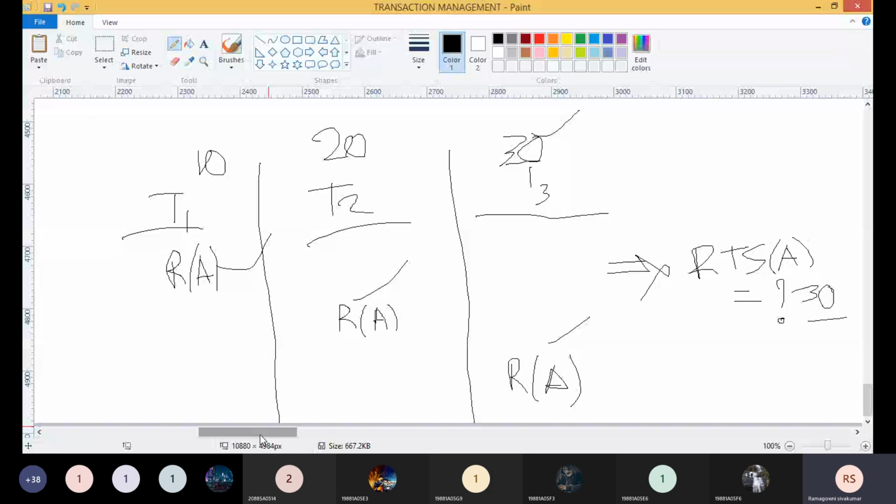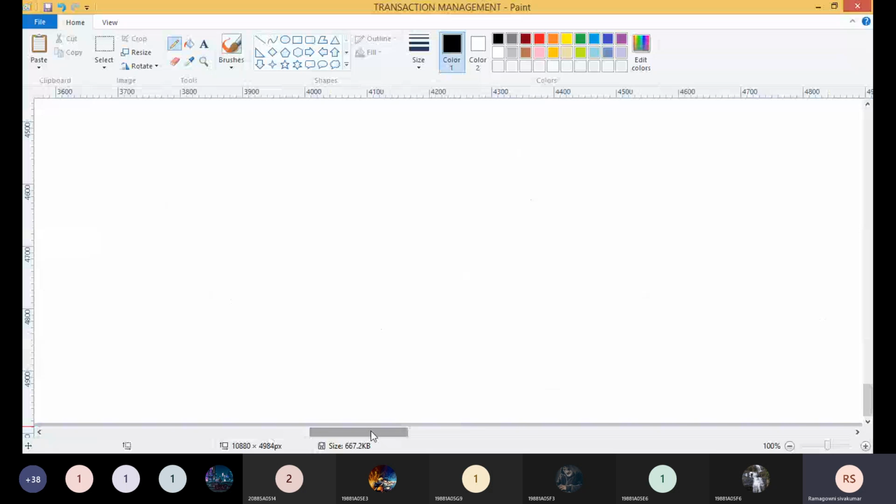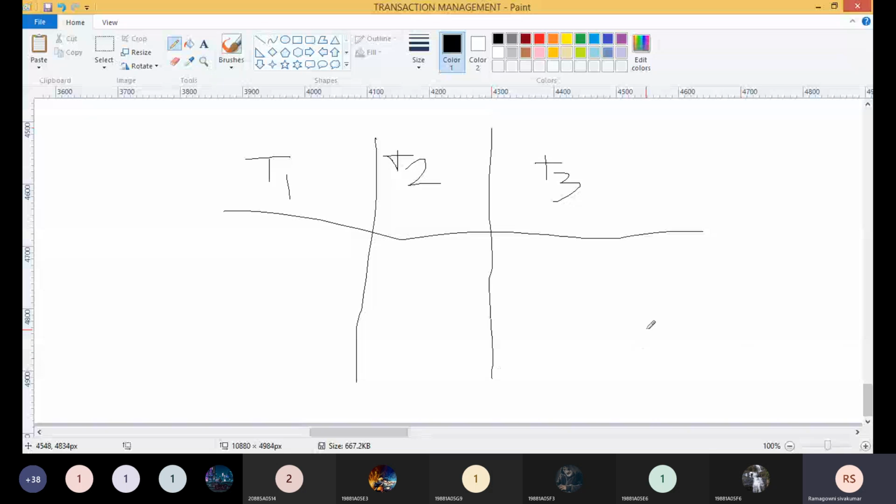Coming to write timestamp, you are performing the T1 transaction, then the T2 transaction, then the T3 transaction. See, my write operation symbol is what?